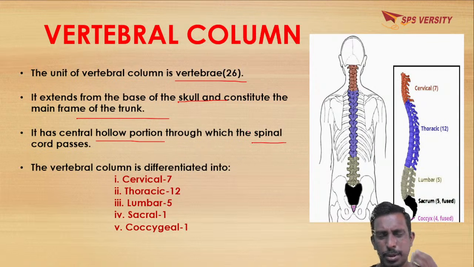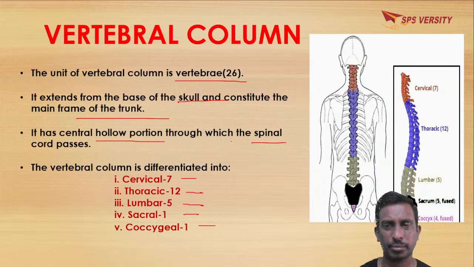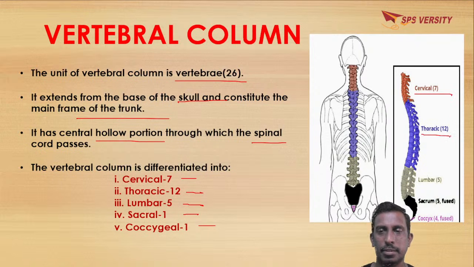Depending upon the location, in the neck region there are cervical vertebrae, 7 in number, thoracic 12, lumbar 5, sacral 1, coccygeal 1. So there are cervical vertebrae, thoracic vertebrae, lumbar vertebrae, sacrum and coccyx.